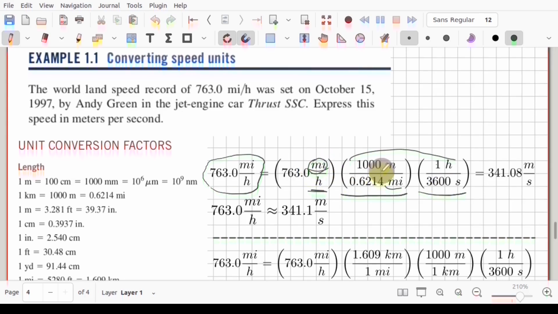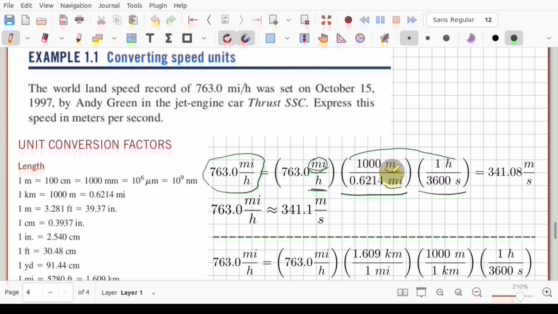To convert miles to meters, we must know that 1000 meters are equivalent to 0.6214 miles, and to convert hours to seconds, we must know that 1 hour is equivalent to 3600 seconds. The conversion factor between meters and miles was taken from this table. The conversion factor between hours and seconds must be memorized because it will be used frequently.